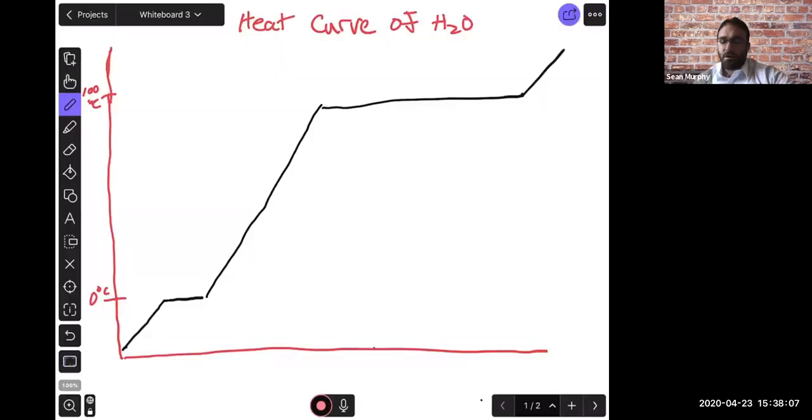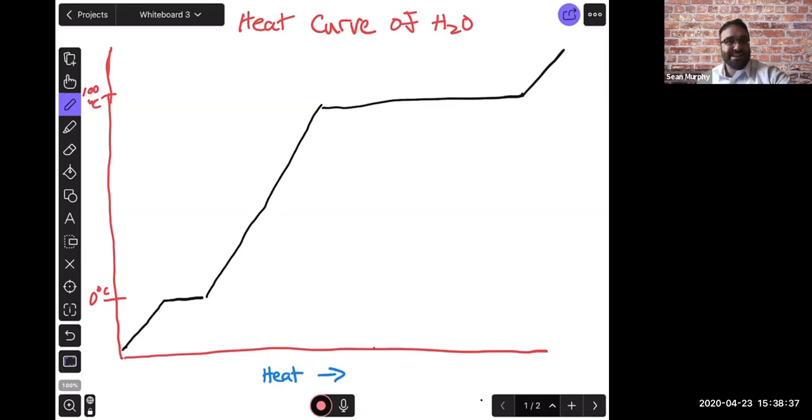All right, on my iPad, I drew the heat curve of water at 1 atmosphere, a little bit more to scale, because the transition periods at 0 degrees and 100 degrees have to be clearly shown. On the left-hand side, we have temperature, and on the x-axis, we have heat, as heat is being added. Remember, heat and temperature are two different things.